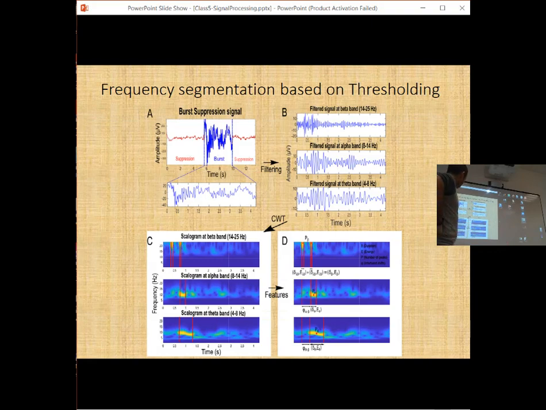So this is what we used some time ago, where you had burst suppression, the motif which is very clear. You see, and so you can see what you have in here. And now if you do the scaleogram of this, what was interesting is that you can use the fact that you have different band decomposition, as I said to you, from 4 to 8, 8 to 14, whatever.